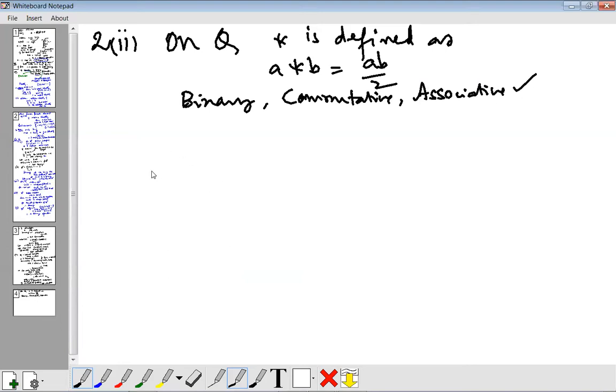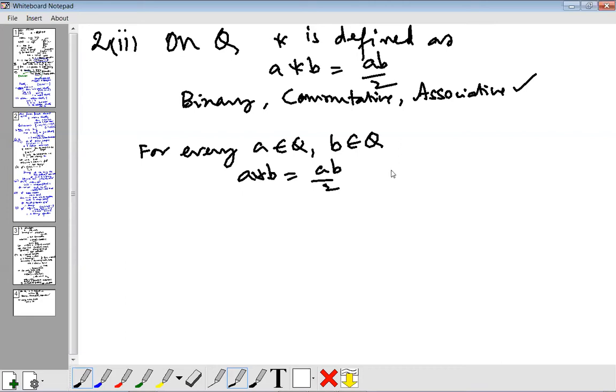It's correct. So we look at the first one: for every a belonging to Q, b belonging to Q, a star b equal to ab by 2 is also a rational number.